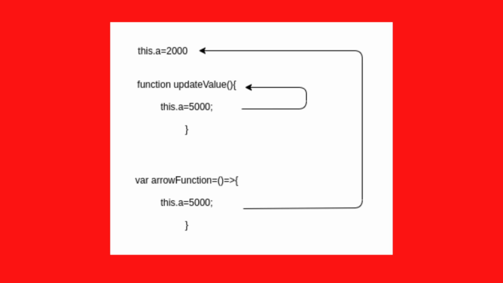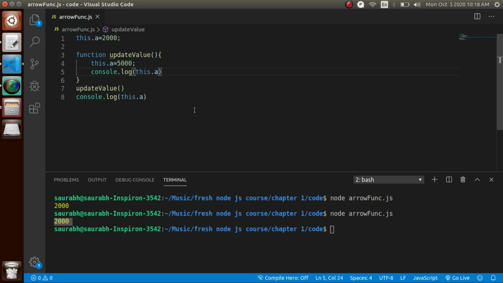It happened because we know that functions are also objects. That's why when we write this.a inside the function, it is referring to that function scope, not the global scope. That's the reason why it is not referring to the variable which has the value of 2000; it creates its own local variable and updates that value. If we console the value inside the function, we'll see that change.